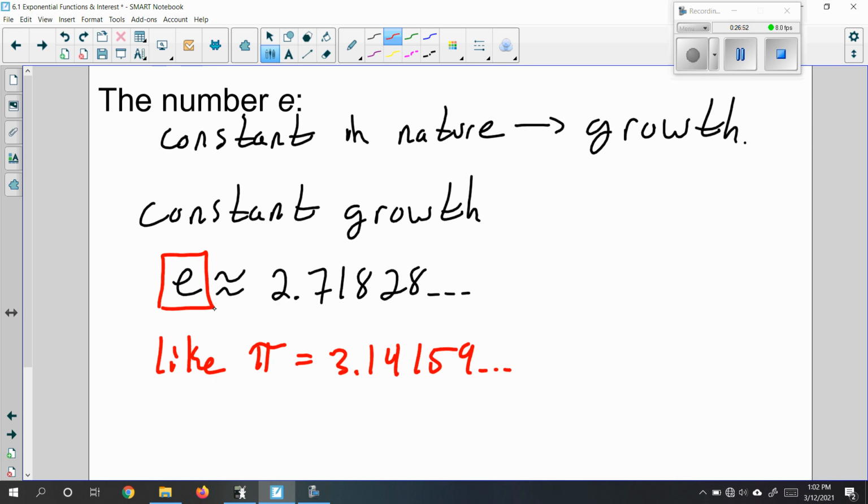It doesn't have a geometric representation like pi does. It's just a number that is fundamental to things that grow. Things like interest rates or the economy or population growth or the spread of viruses like COVID. E is used to model anything that grows.